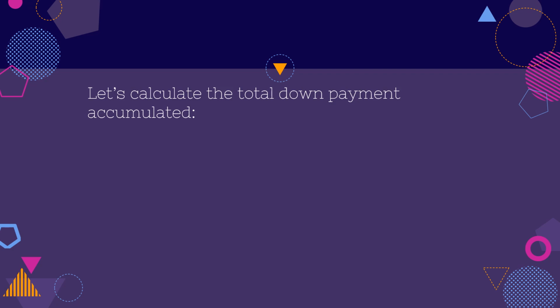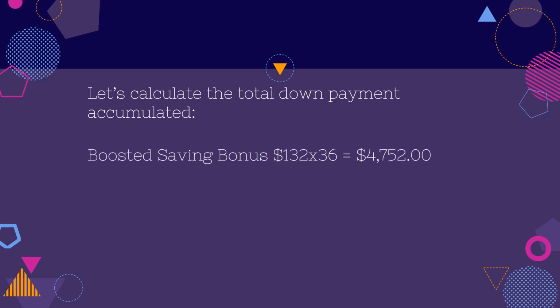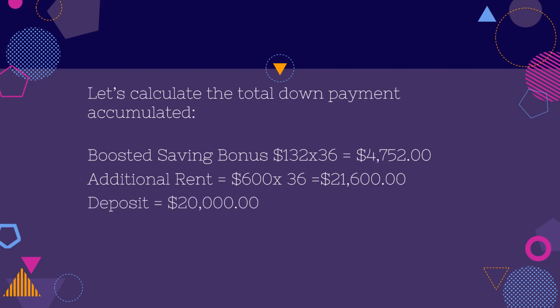And the additional rent is $600 times 36. That's $21,600. The deposit was $20,000. So the total deposit is $46,352, which is almost 9.49% of the purchase price of the tenant buyer, which has helped him save tremendously.